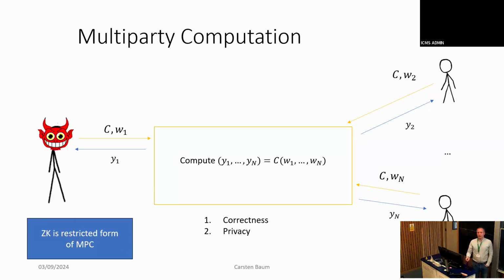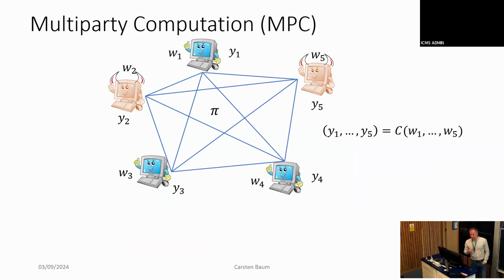Multi-party computation has potentially many parties, but if you only take two of them, and the second party doesn't have any input, then this just becomes zero knowledge. So multi-party computation is a generalization of zero knowledge. Is that clear? Or have I already lost everybody 10 minutes in? I didn't. Good. But what is multi-party computation then?